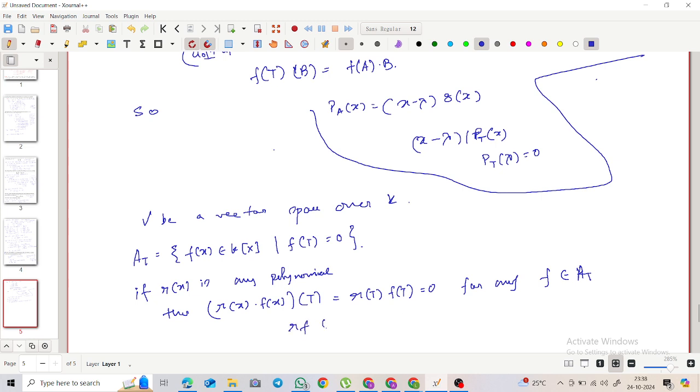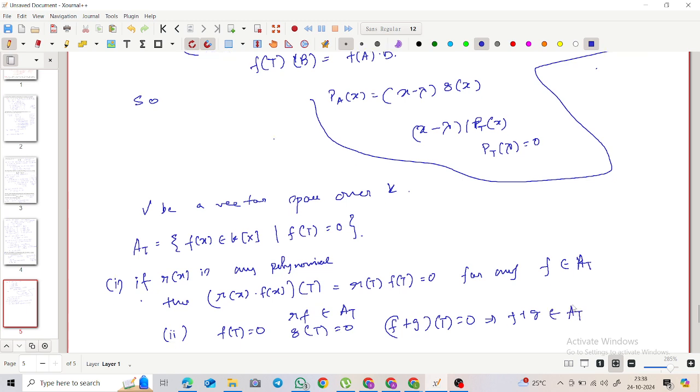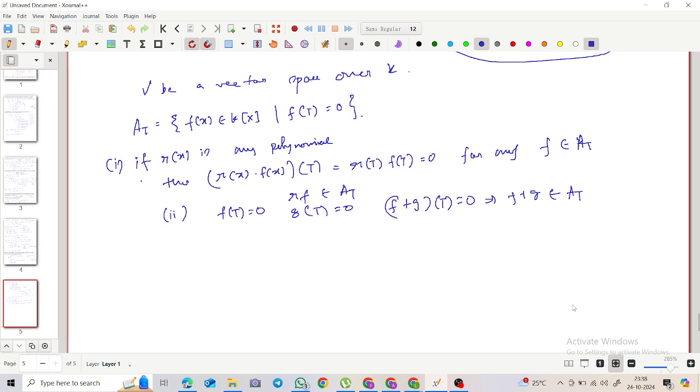So Rf is inside A(T), and if f and g are inside A(T), that is f(T) is 0 and g(T) is 0, then (f plus g)(T) is 0. This implies f plus g is in A(T). So A(T) is an ideal of K[x].